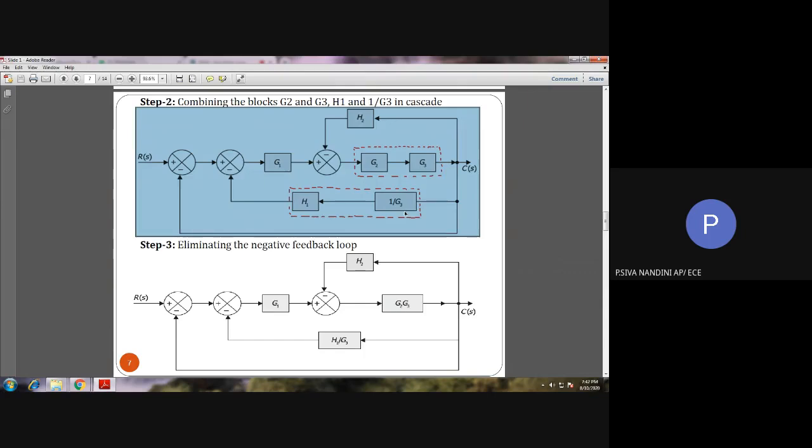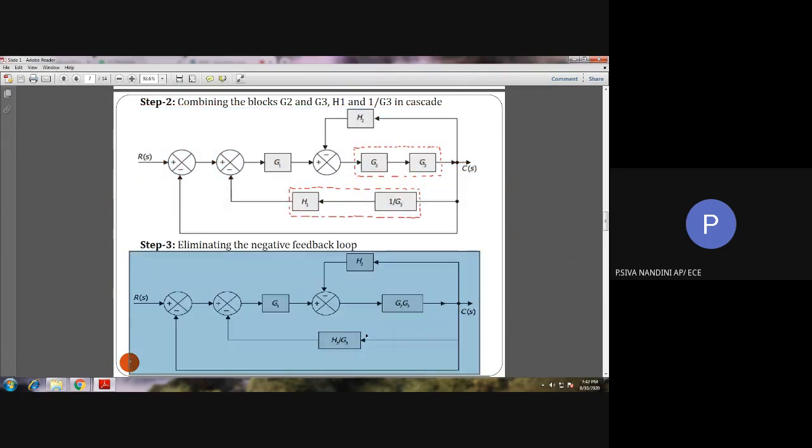So we can simply multiply H1 into 1 by G3 and form a single block like this. So in step 3 we have reduced two blocks which are in series, G2 G3 and H1 by G3. Okay. Next you can check whether there is any more simplification, any series combination or parallel combination.